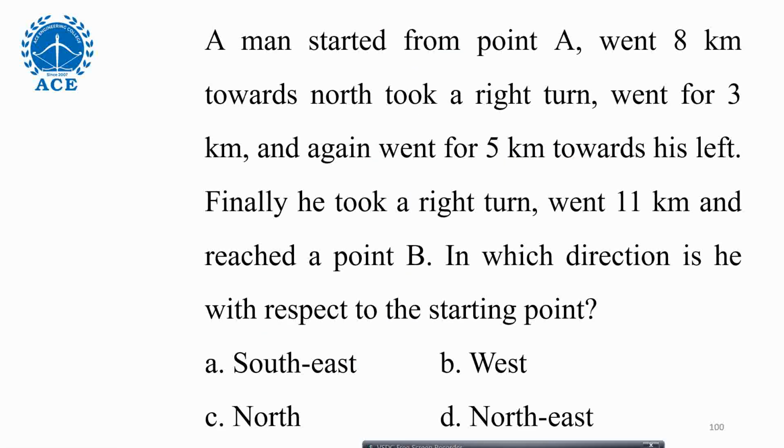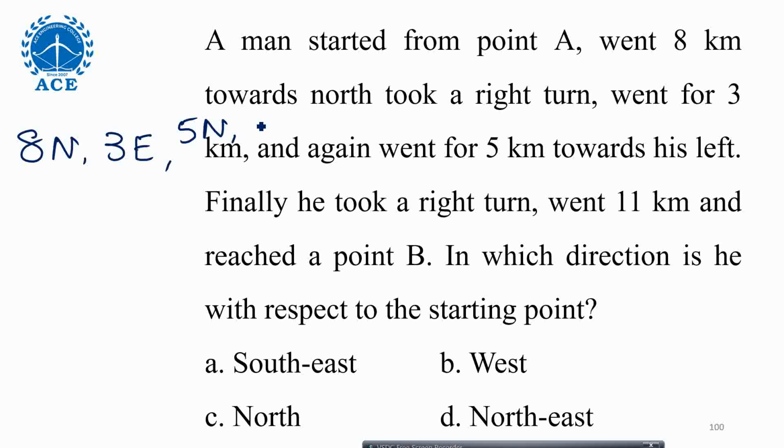After a lot of time, we are back to directions. I think this question was discussed, it seems. No problem. 8 kilometers north. Okay, north. Then right turn means east. Then left means again north.